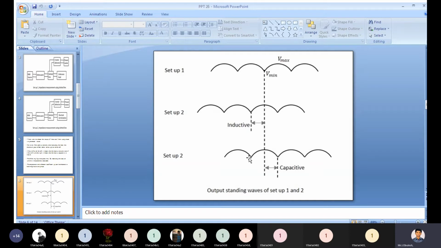The impedance and reflection coefficient rho can be obtained in both magnitude and phase.